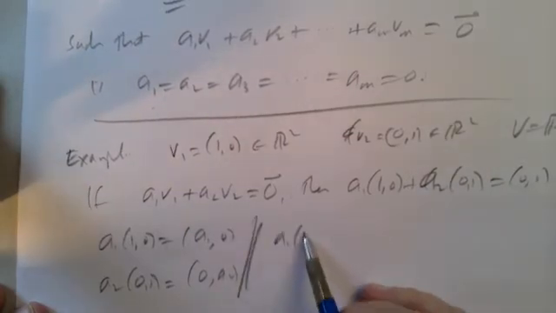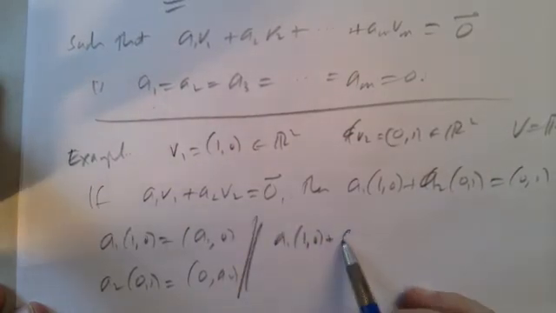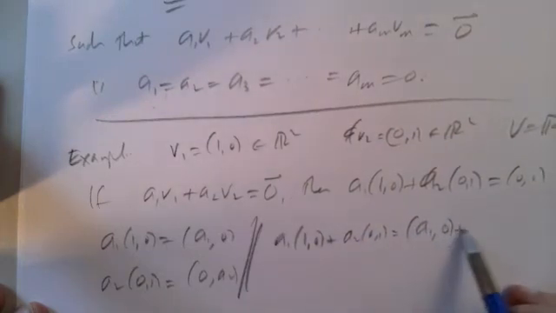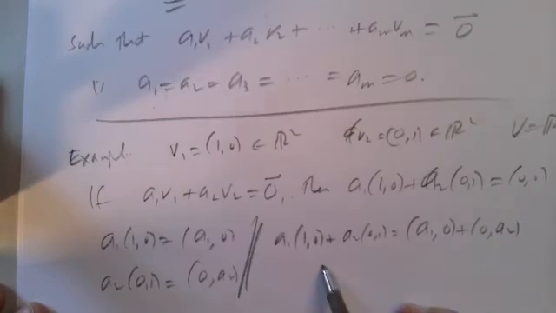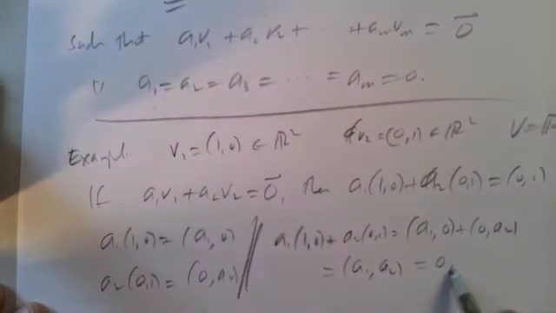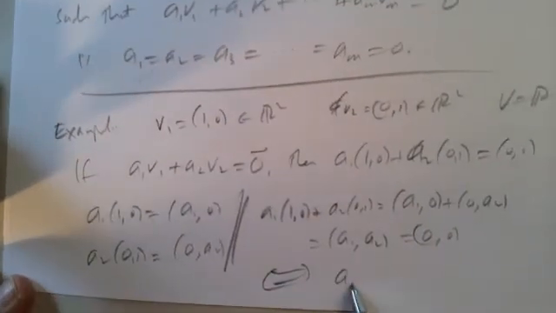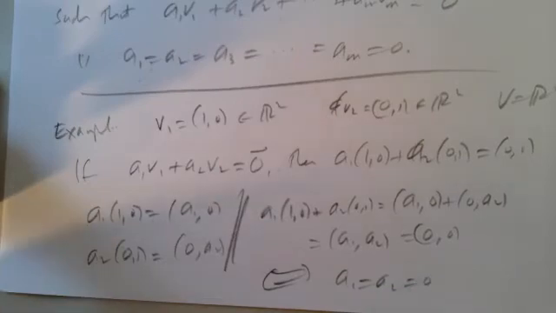So a1 times (1, 0) plus a2 times (0, 1) is (a1, 0) plus (0, a2). That's (a1, a2). The only way that equals the zero vector is if and only if a1 equals a2 equals 0.